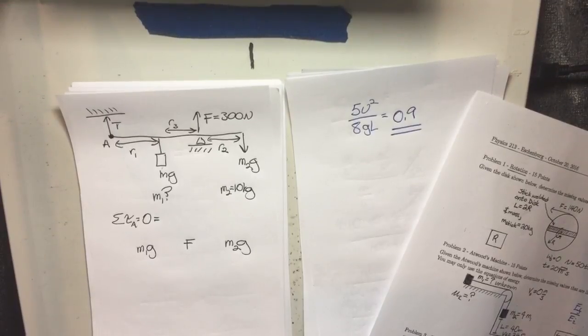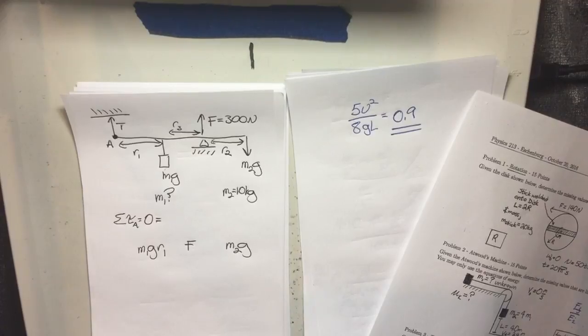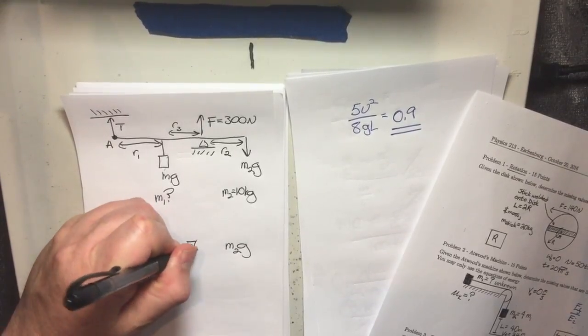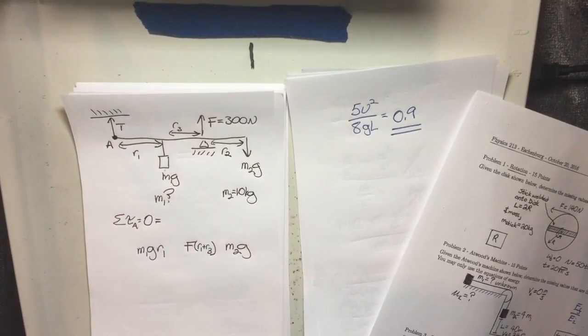It's just R1. What's the distance from F to A? R1 plus R3, yes. And then the last force, M2G: what's the distance from M2G to A? It's the sum of all 3.